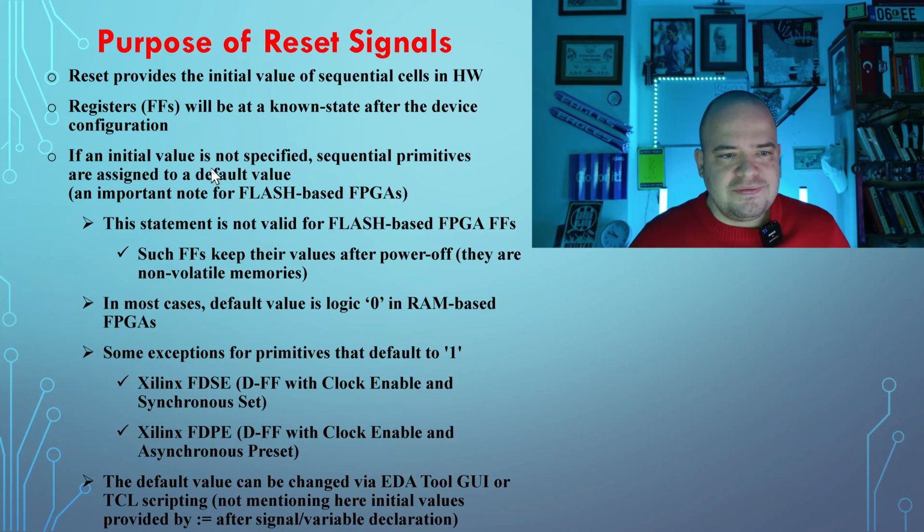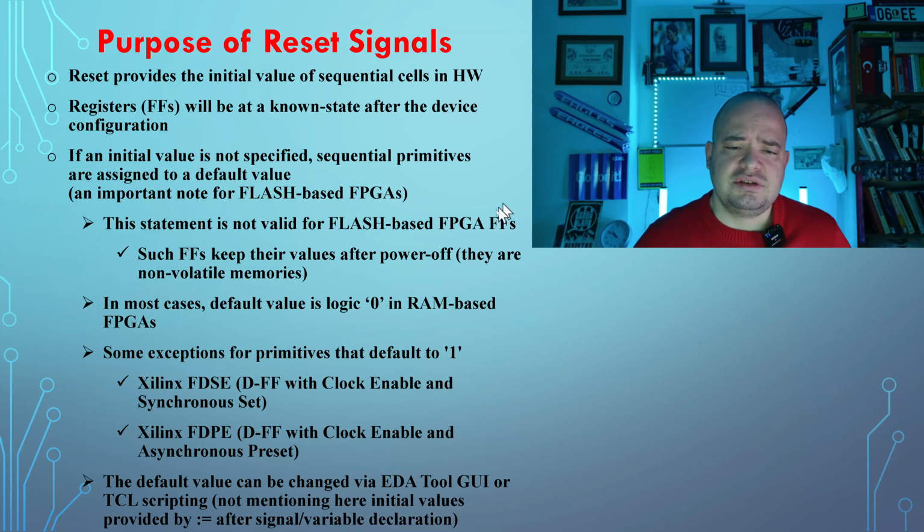So the next bullet was: if an initial value is not specified. This not-specified case is also similar. If it is not specified, it gets a default value, but it gets that value only after the device configuration. So sequential primitives are assigned to a default value, but here we have an important note for flash-based FPGAs.